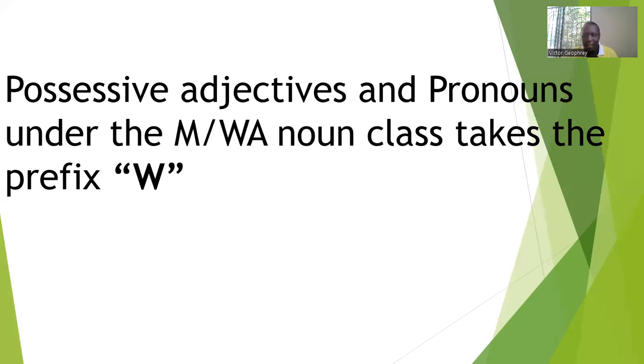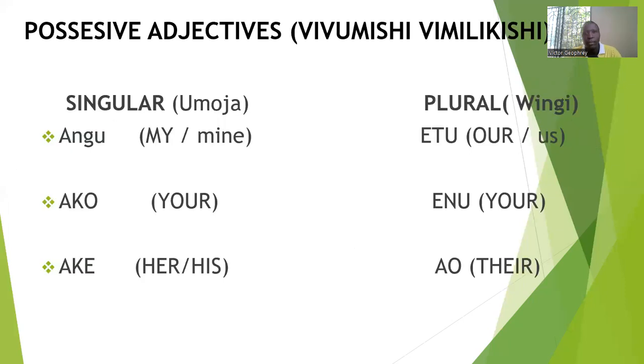Now let us see. These are possessive adjectives, vivumishi vimilikishi. Adjective is kivumishi. They are in singular and then plural. You can see angu, my or mine.